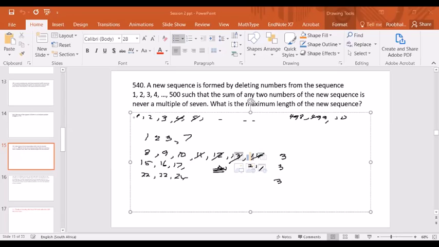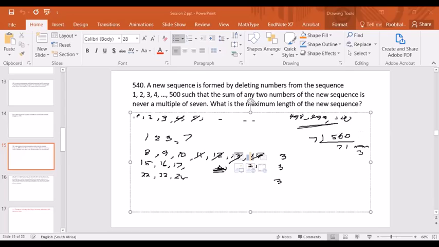And the last number in this is a multiple of 7. So we look for the last multiple of 7 less than 500, and you will see that 7 goes into 500 71 times, remainder 3.